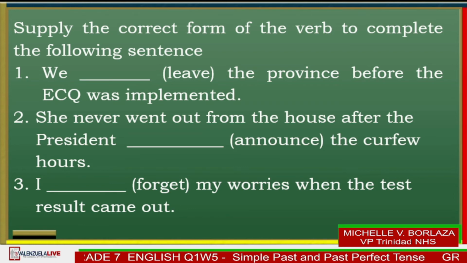Sentence number 2: She never went out of the house after the president blank, announce is the verb, the curfew hours. And sentence number 3: I blank, forget is the given verb, my worries when the test result came out. Again, type in your answer.